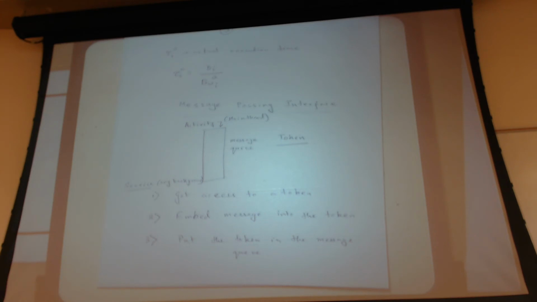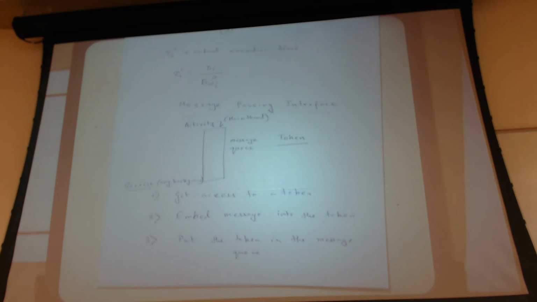Now the main thread looks into the message queue whenever it gets time from doing other things. It goes to the message queue and reads messages following a certain policy, either first in first out or highest priority, whatever policy it might have.